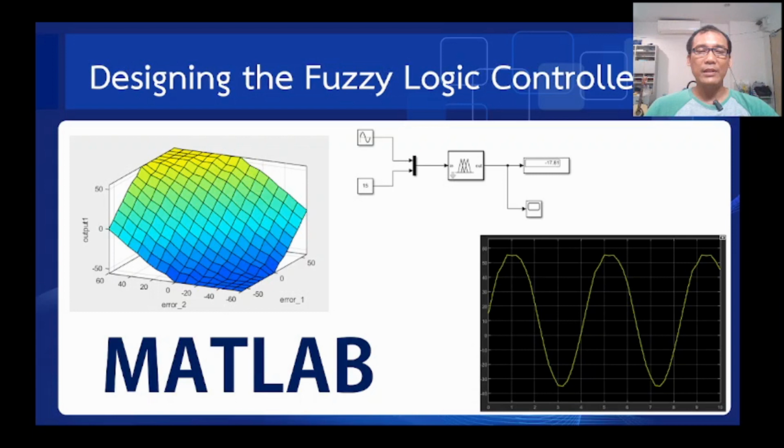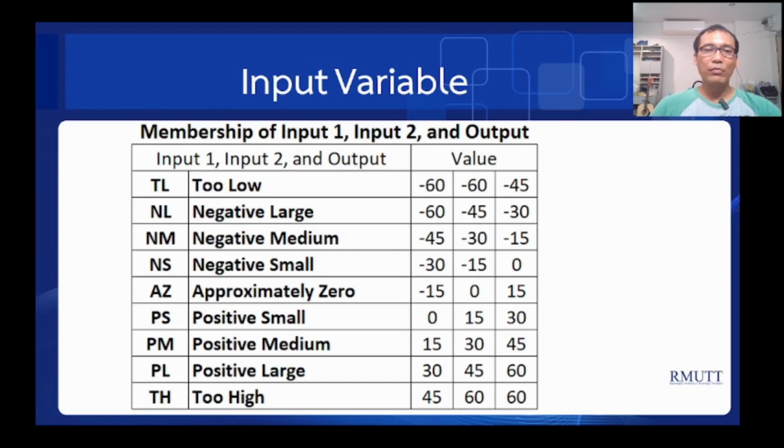Next is designing the fuzzy logic controller using MATLAB. Here we have two inputs and one output. The membership has 9 variables. These are the variables.